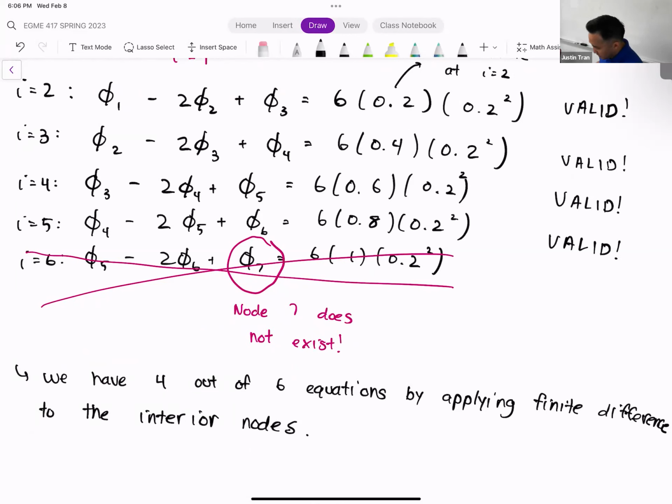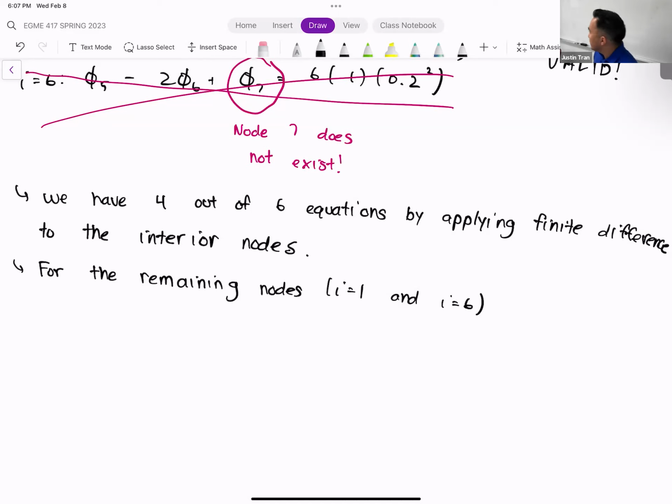And so for the remaining nodes, being i equals 1 and i equals 6, let's use the boundary conditions to get these equations. And that makes sense because these nodes are on the boundaries, and so their behavior should be governed by the boundary conditions.